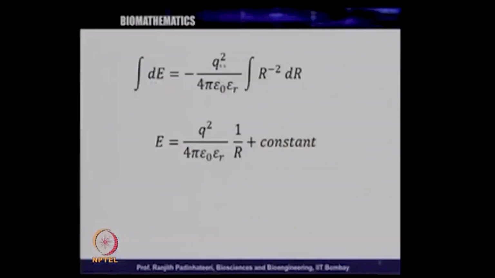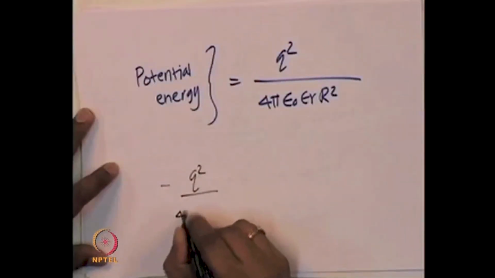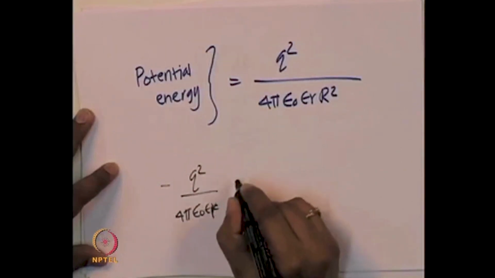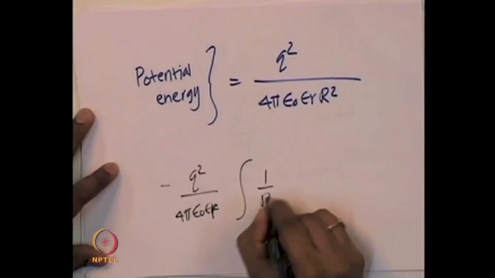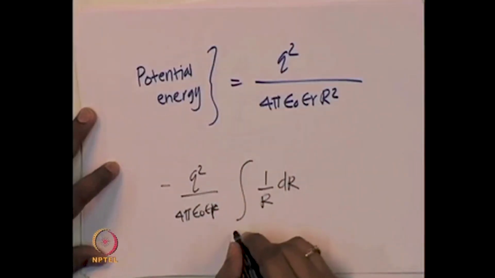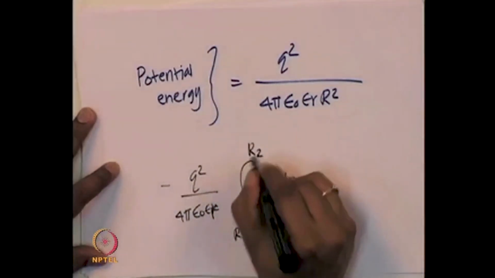So, again you have the force. Again here also you can do this integral with limits. If you look at the slide, what you have here is integral minus q square by 4 pi epsilon 0 epsilon r, integral 1 over r dr. You can do this from r1 to r2 again.